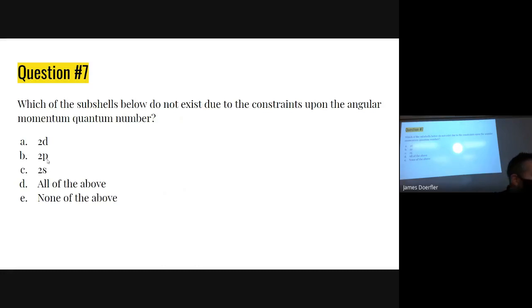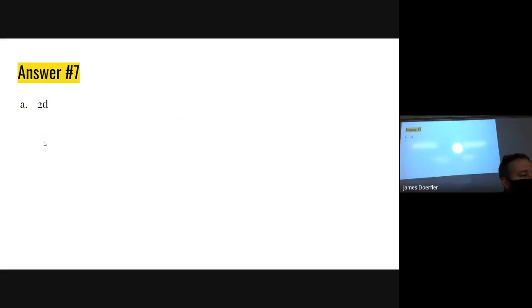P is equal to 1, which for L could be 0 and 1, so that's still good. D is the one in question because D represents an L value of 2. If you have a principal quantum number of 2 and an L value of 2, that can't happen. That cannot exist because L must be 0 to n minus 1. Since D represents 2, 2D will not exist as a quantum number.